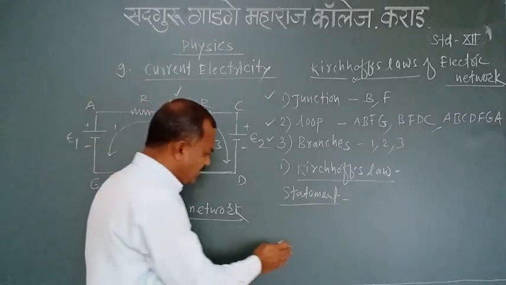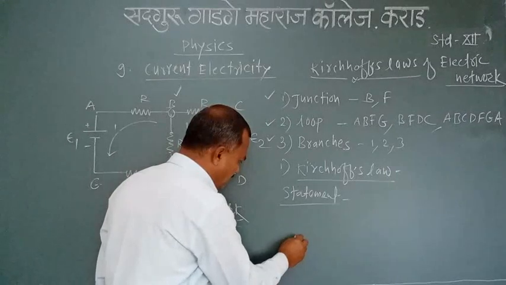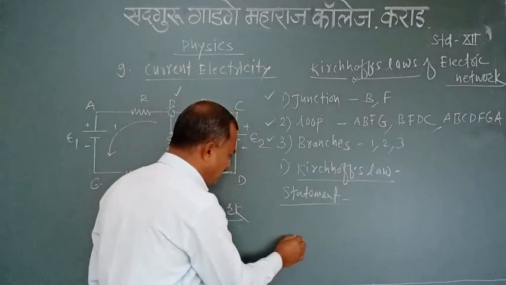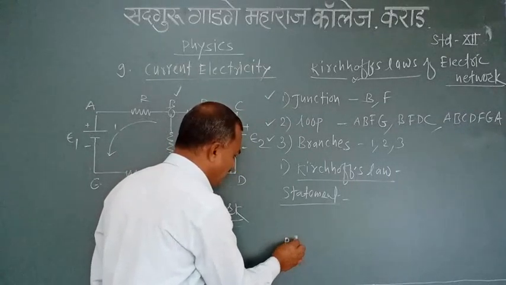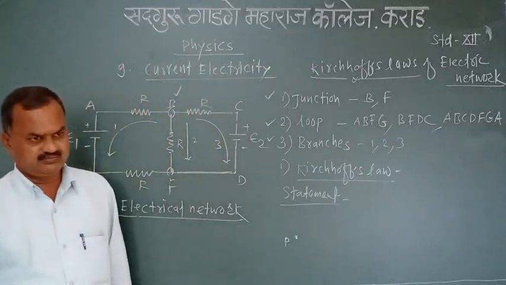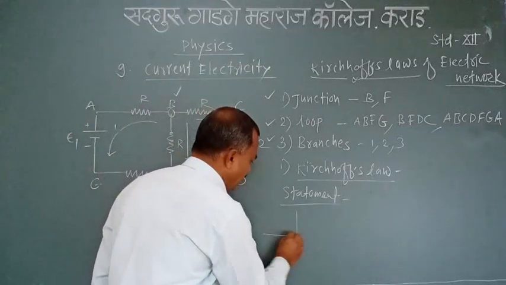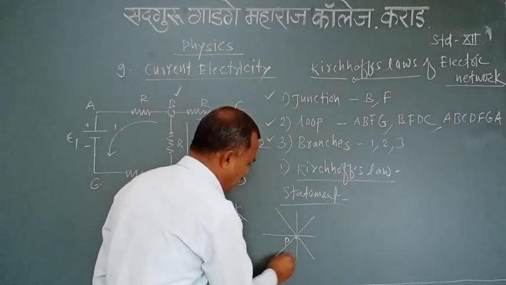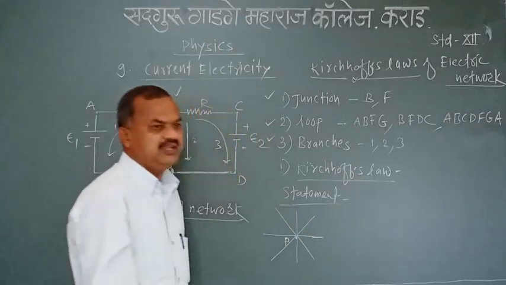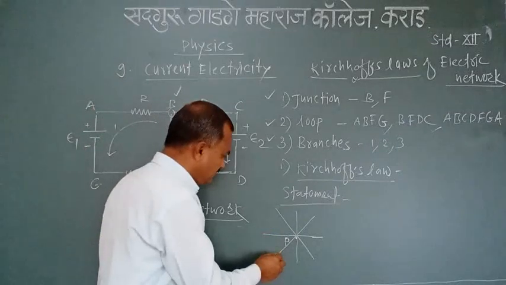For that, consider a junction point like this. P is any junction point within the electric network. These are a number of conductors connected with that junction point.